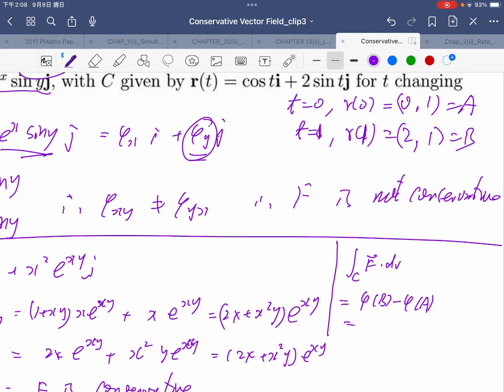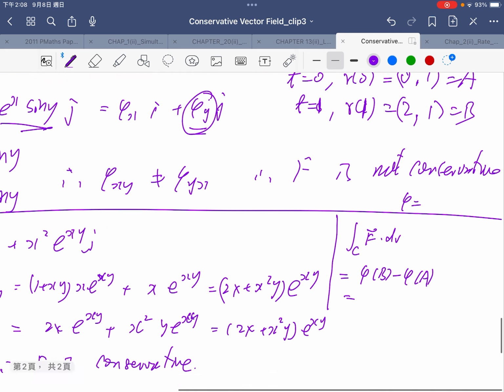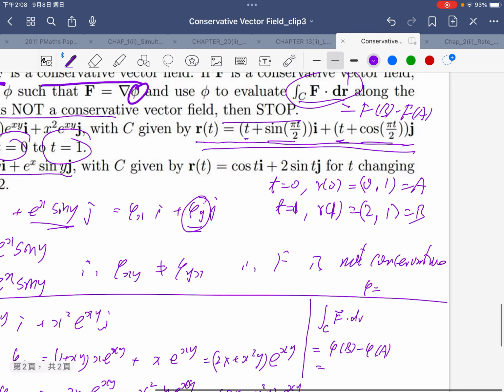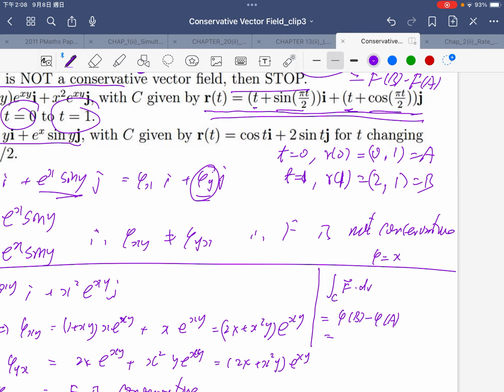This is by the fundamental theorem of line integrals. Okay, the phi function is here: x times e to the power xy. And A is this point, (0, 1). B is (2, 1). Therefore, put the point B into the function.